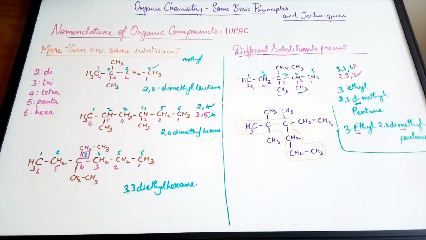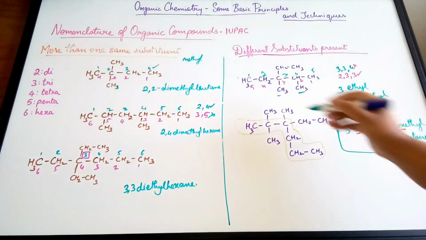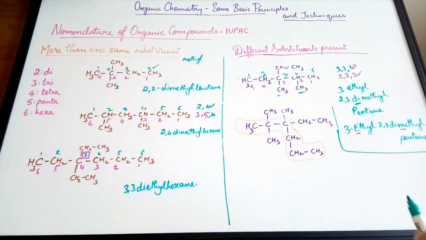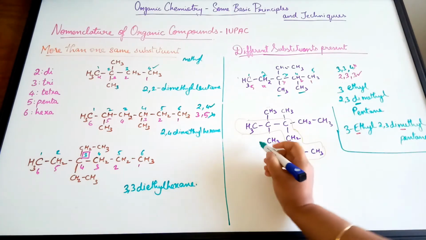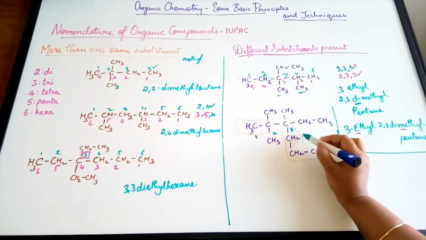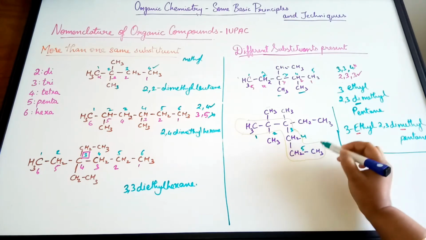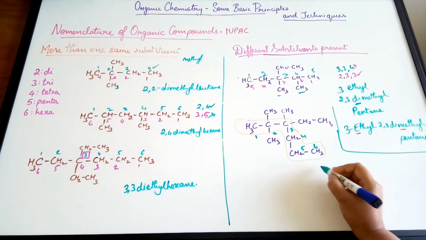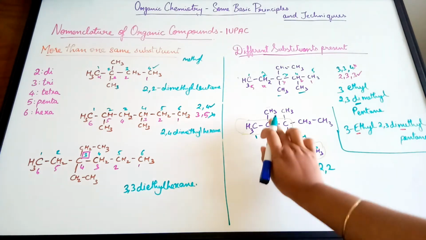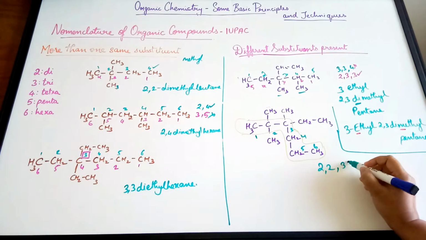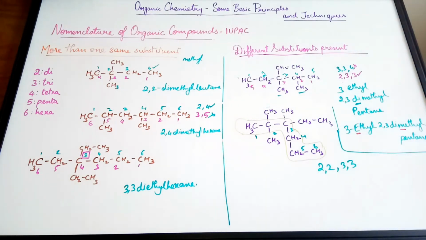So here we have substituents. You have methyl, that is CH3, and then ethyl. Now we need to number it in such a way, first of all, that all the substituents get less number. So here CH3, 1, 2, 3, 4, 5 and 6. So this is one way of numbering. And here your second carbon is having 2 substituents, and then the third carbon is also having 2 substituents, so 2 2 3 3.